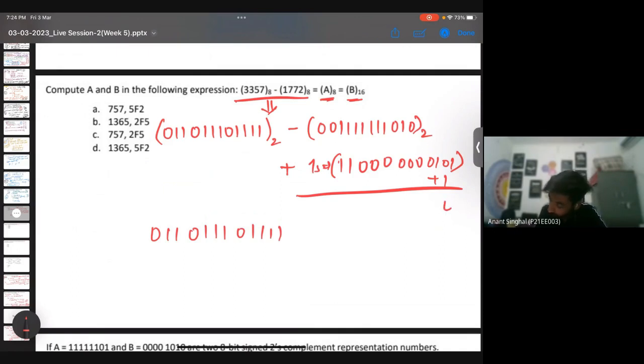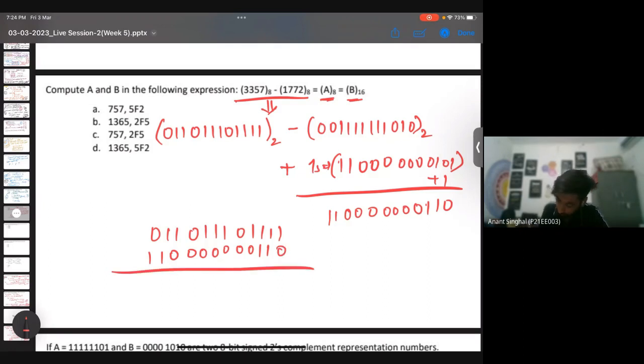Plus 1 is nothing but 0, 1, then all will be the same. I'm writing it here 1100, 7 zeros are there, and then 110. I'm adding this.